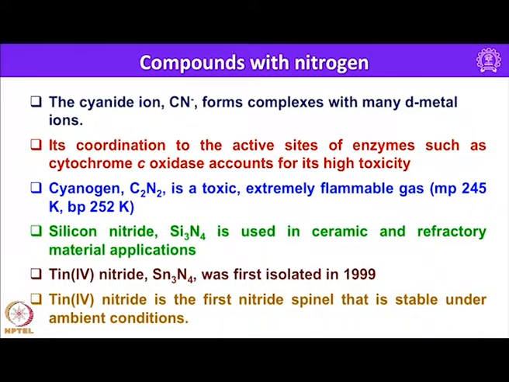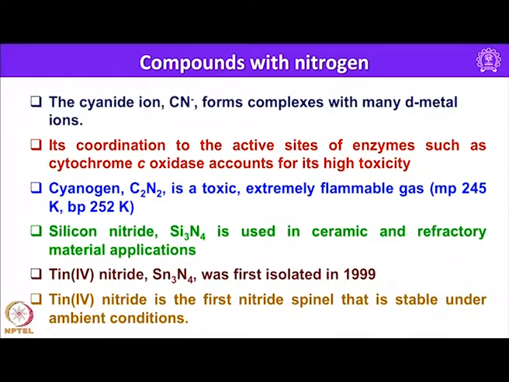The toxic nature of cyanide in living beings or in human beings comes into picture because it forms a very stable complex with cytochrome c oxidase that accounts for its high toxicity. Cyanogen is a toxic, extremely flammable gas. Melting point is 245 Kelvin and boiling point is 252 Kelvin.